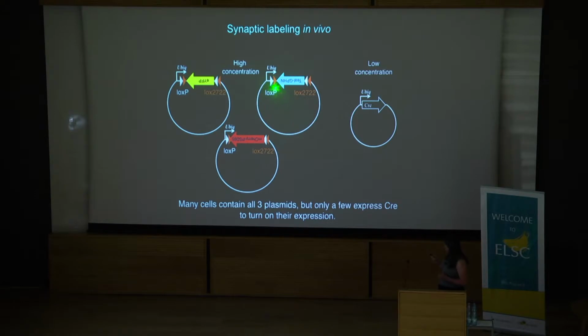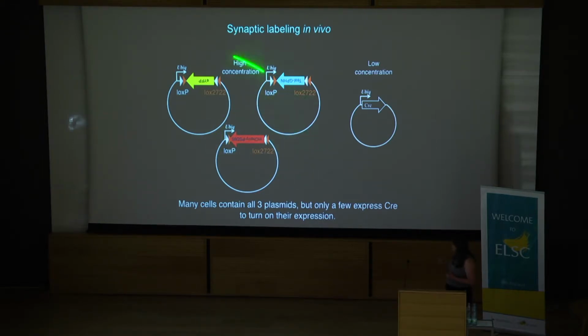We have Gephyrin, which is a scaffolding protein that is common to all inhibitory synapses, fused to teal, which is a blue fluorescent protein. And then we have PSD95, which is supposed to be common to all excitatory synapses, and also a receptor scaffold, and it's fused to mCherry.